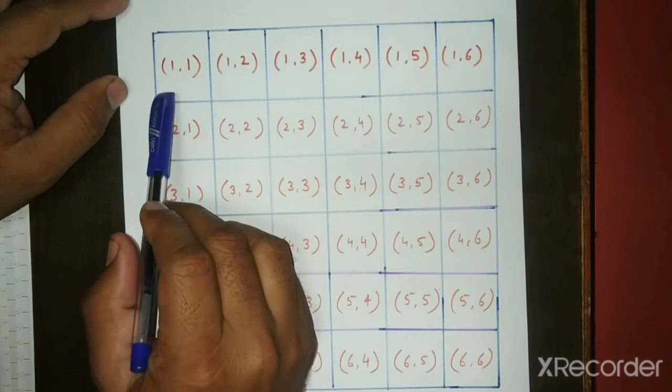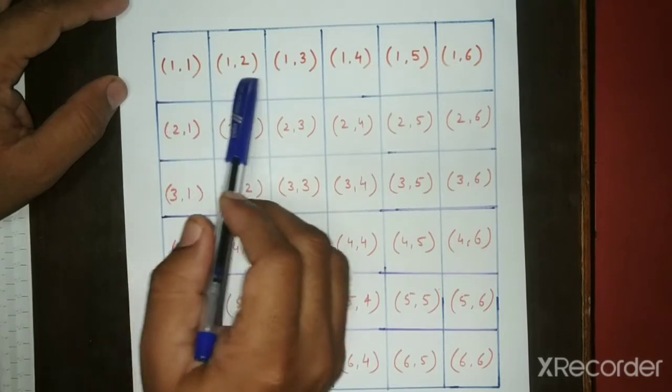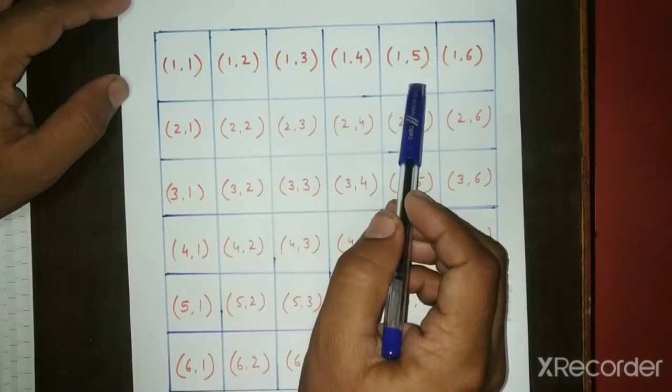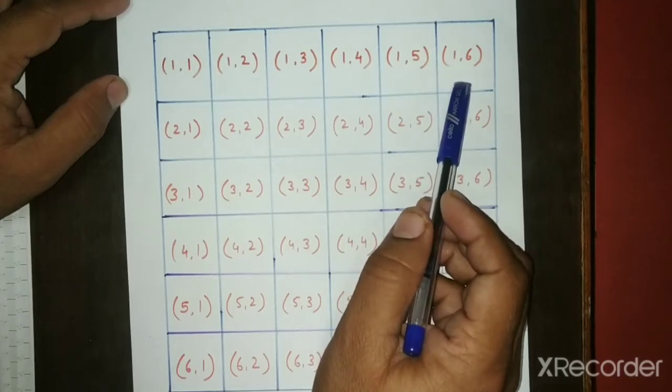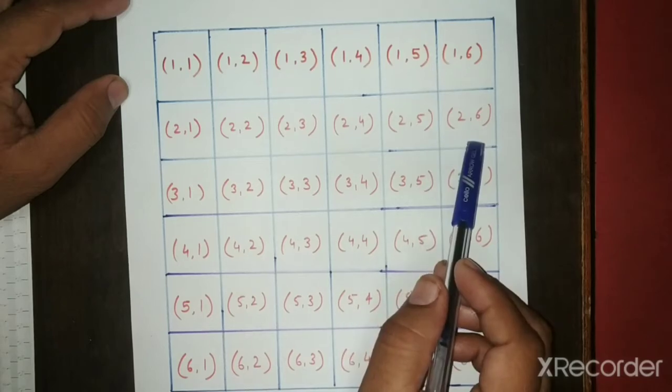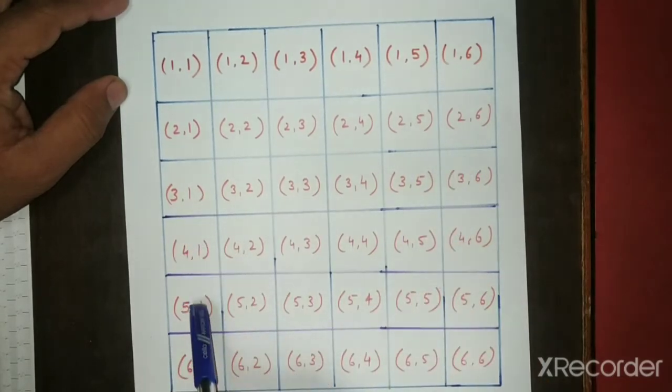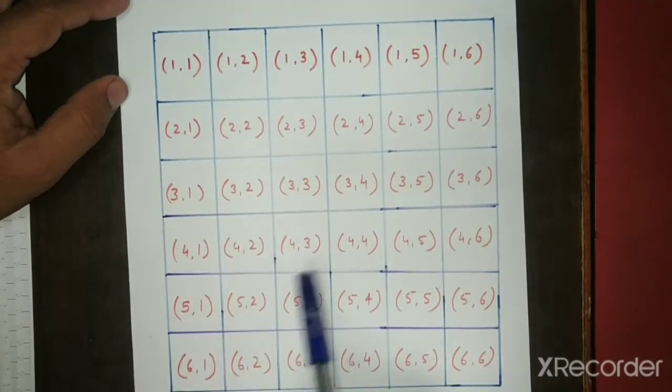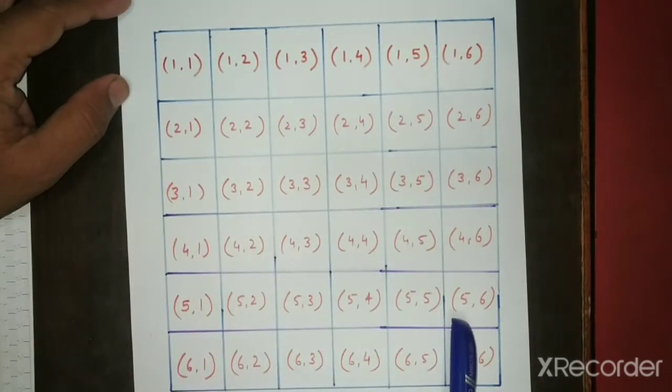These outcomes are 1 1, 1 2, 1 3, 1 4, 1 5 and 1 6. Similarly 2 1, 2 2, 2 3, 2 4, 2 5, 2 6 and 3 1, 4 1, 5 1, 6 1, and write all possible outcomes in these squares.